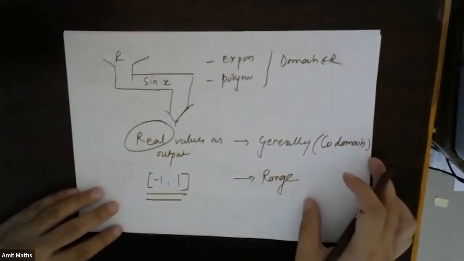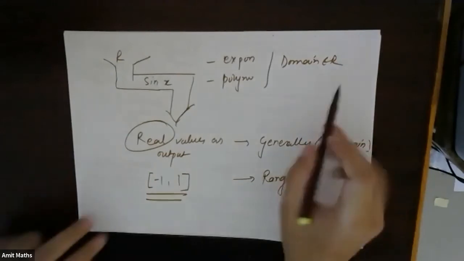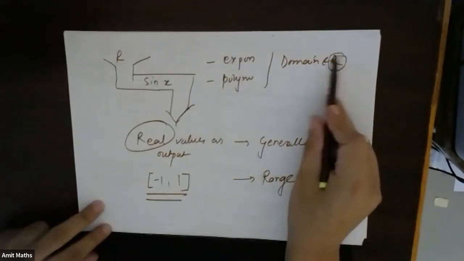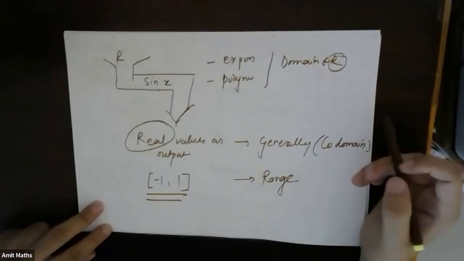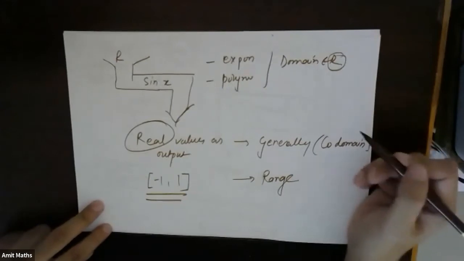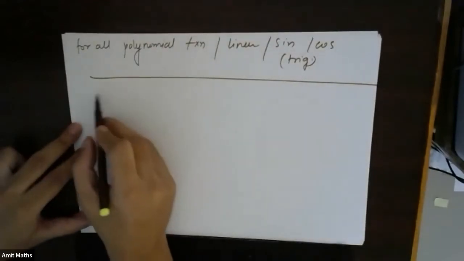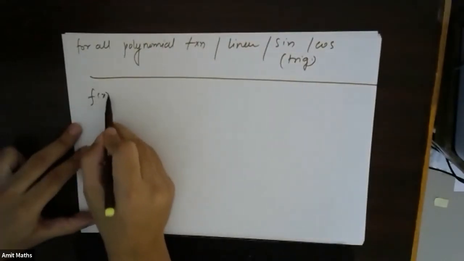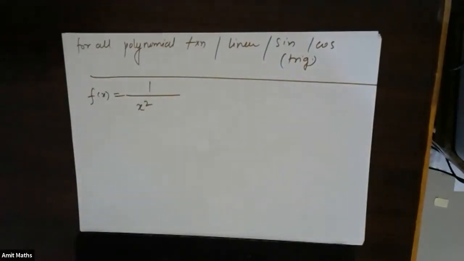But for some particular functions, the domain cannot be all real numbers. I will give you an example and we'll solve these questions in which we will see that the domain is not R. We have to find the actual domain in which the function will operate. Suppose we have a function like this: f of x is equal to 1 upon x square.